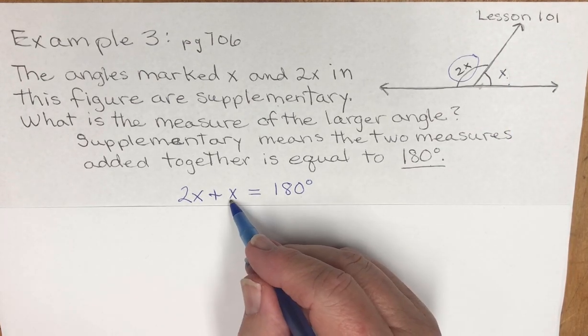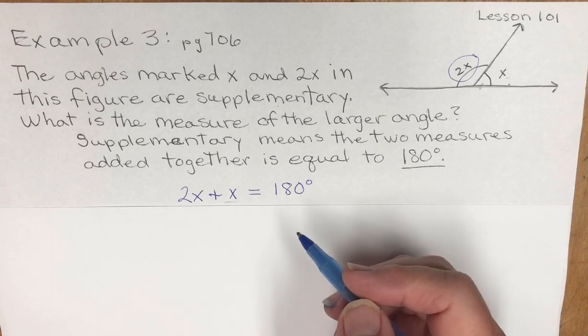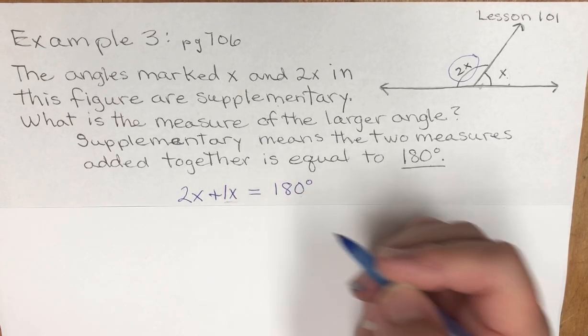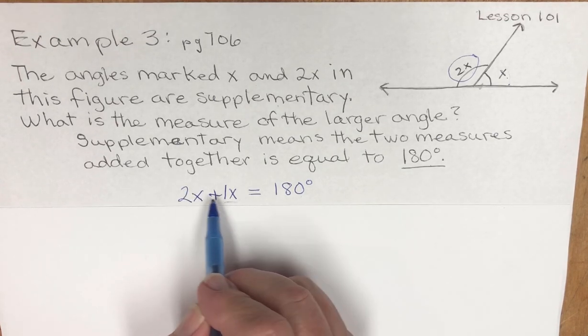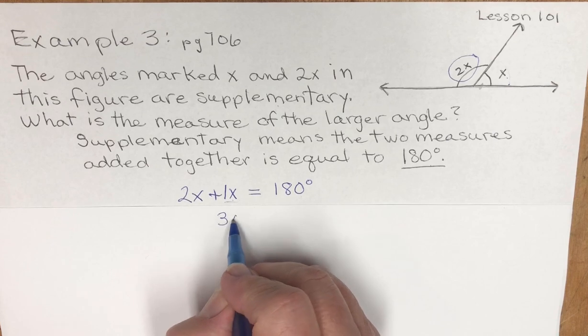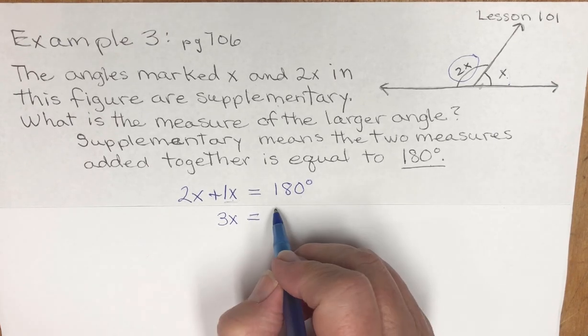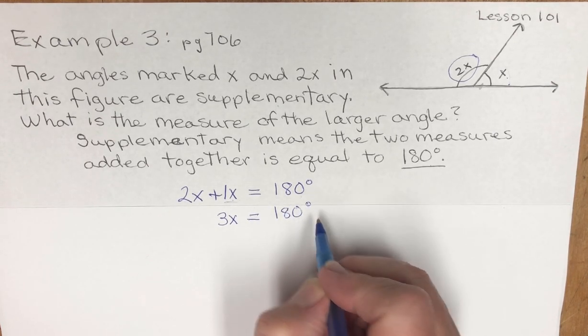Now, as you recall, here we have an undressed variable, so we're going to put a 1 there just to remind us that we're adding that x in. 2x plus 1x is 3x, and 3x equals 180 degrees.